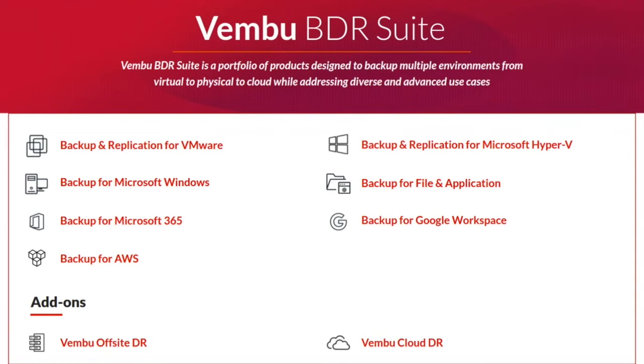So even if your production site along with the BDR backup server goes down, you have your offsite DR that holds the copy of the data, so you can boot up things from your offsite DR to work around. You have the similar recovery options that you have for a backup job processed in a BDR backup server as well as in the offsite DR server.